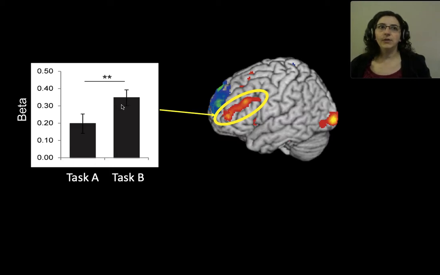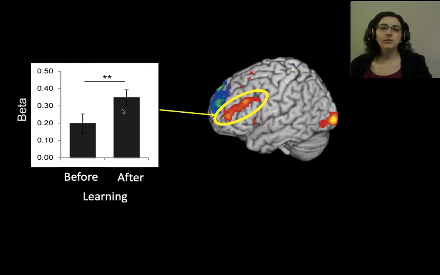Now, a new innovation that we can do is, instead of looking at two tasks at the same moment, we could actually look at one task before or after learning. And we could see, for example, that after you've received some instruction in a topic, you've increased your activity in a particular part of the brain.